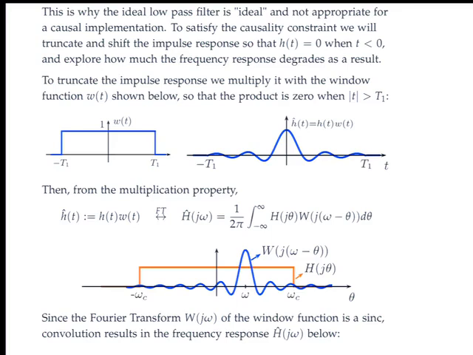So you can expect a little bit of wiggle, right? When little omega is close to 0 or away from the edges, right? But as little omega comes closer to the edges, so imagine this picture with little omega, the center of the octopus, coming close to omega c.